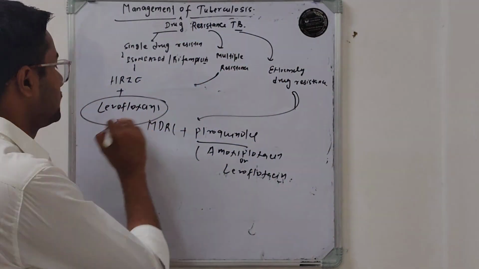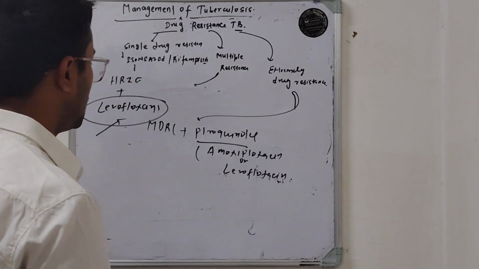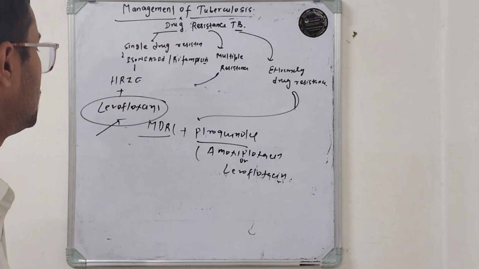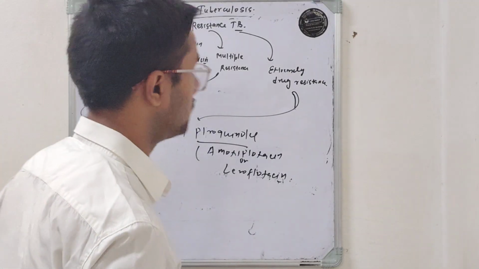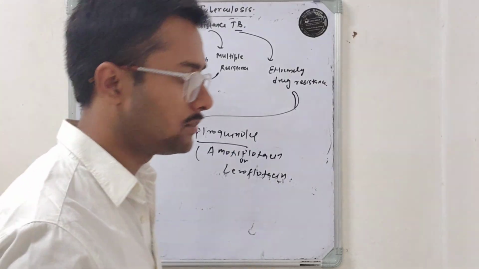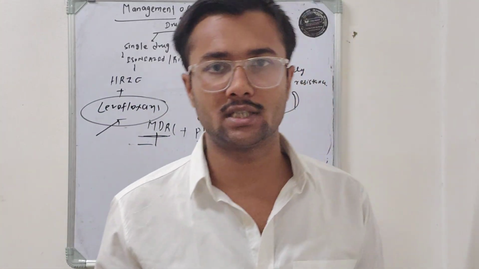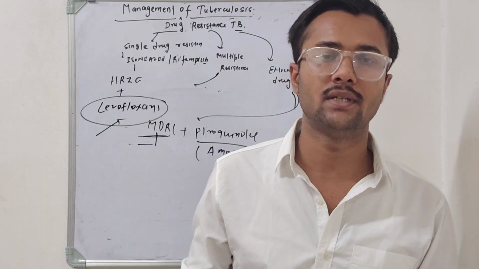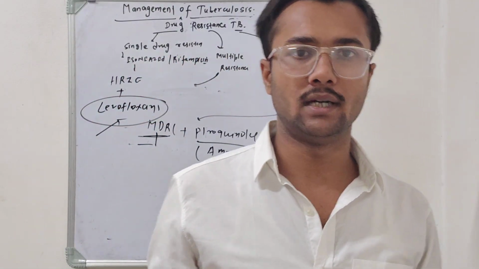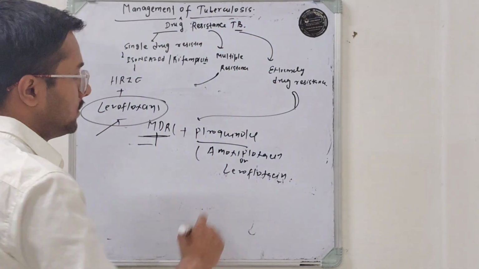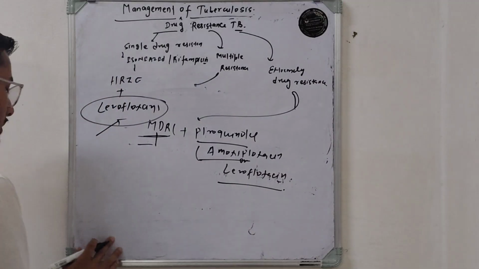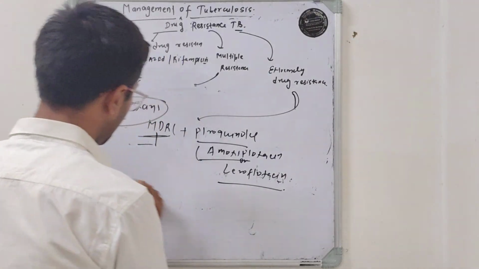Now in case of extremely drug resistance TB, what is the meaning? The patient has multiple drug resistance, resistance to isoniazid and rifampicin, and along with that resistance to fluoroquinolones, which include moxifloxacin and levofloxacin. What is the treatment approach in that condition?